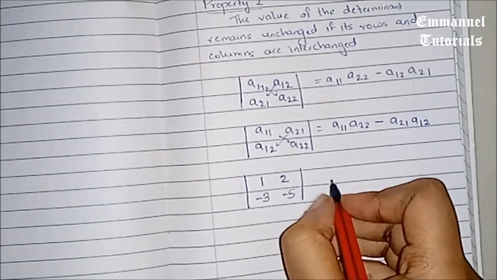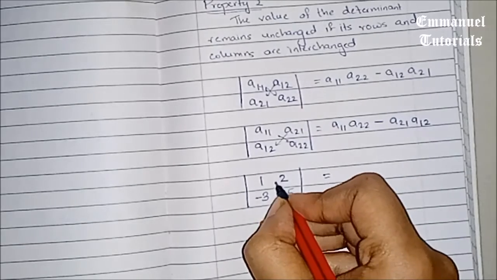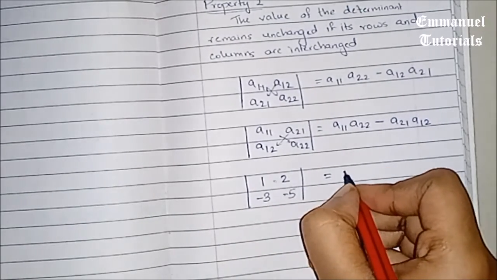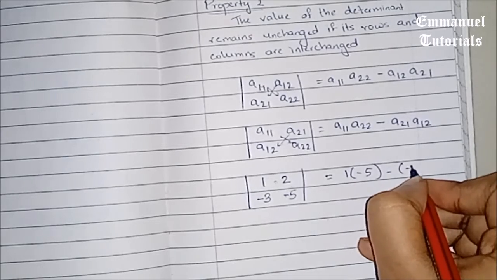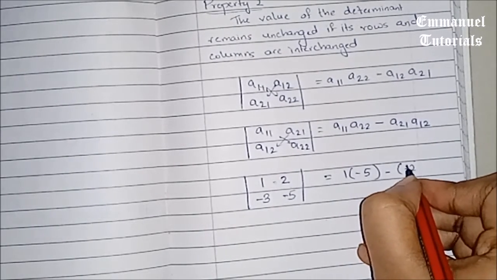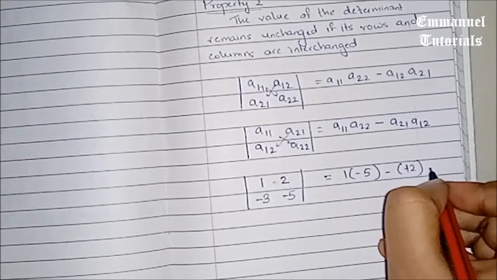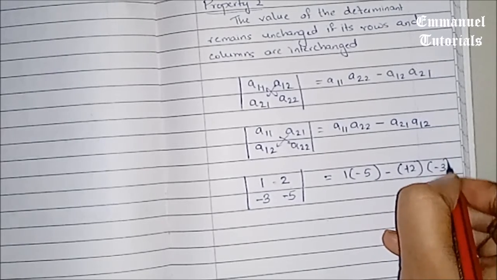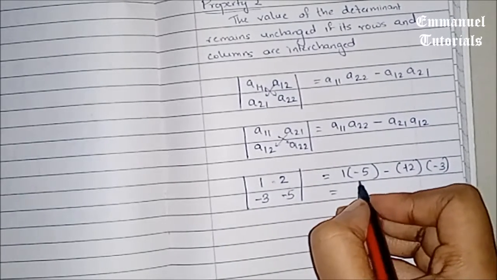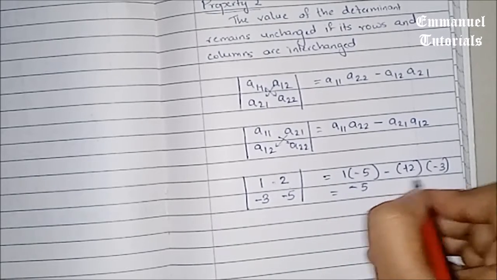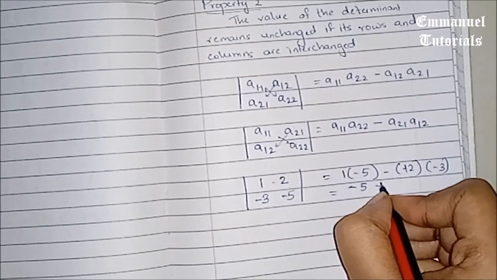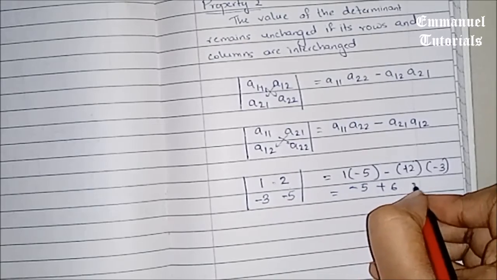Let's try to find out the value. What will it be? Again, 1 into minus 5 plus 2 into minus 3. So this is going to be equal to minus 5 plus 6, which is equal to 1.